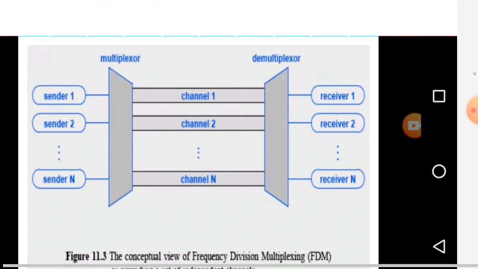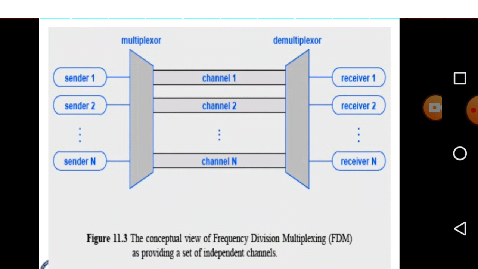So here is the diagram of frequency division multiplexing. Different numbers of senders and receivers are there. Each frequency or different sub frequencies are allocated to sender and receiver.